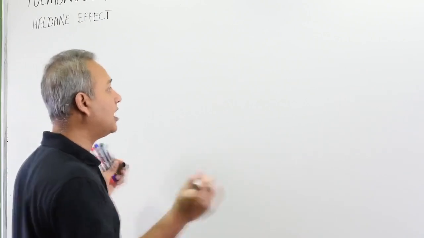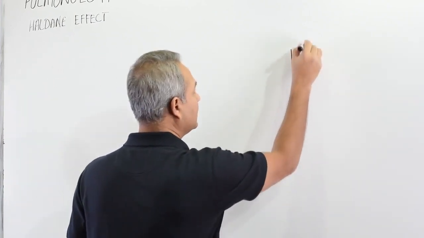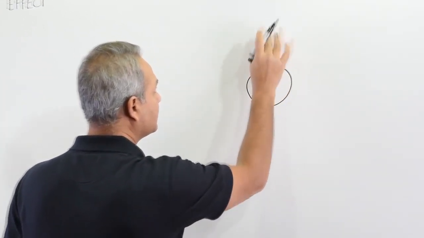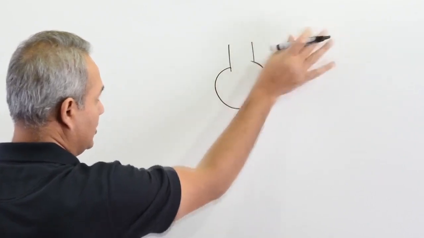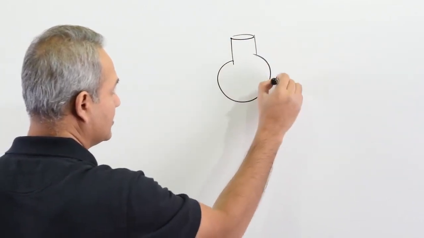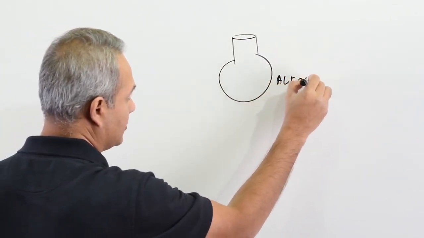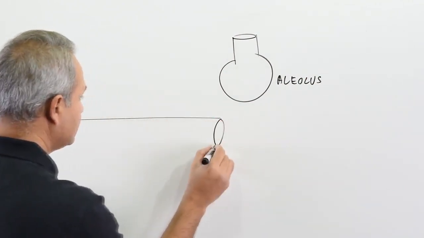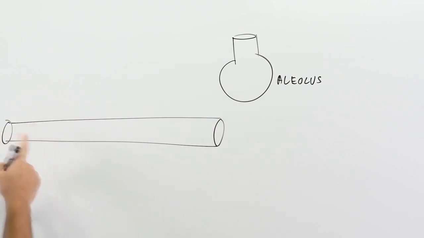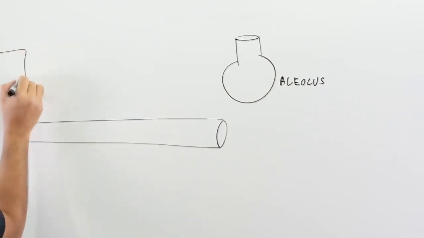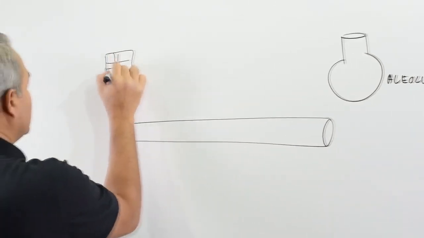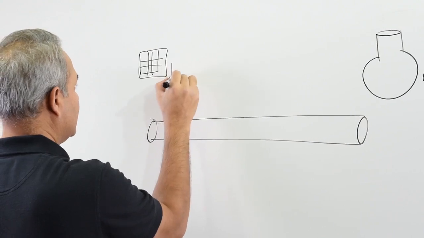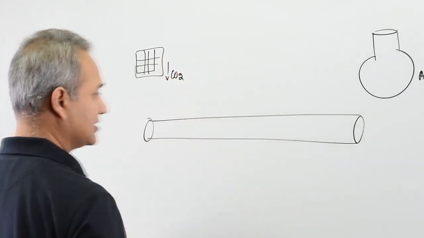Let's look at how this happens. So let's say here is an alveolus. This is lungs. Let's say that this is a blood vessel. This tissue is making carbon dioxide, and that carbon dioxide is coming out.